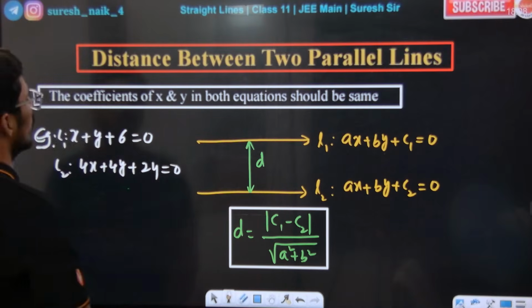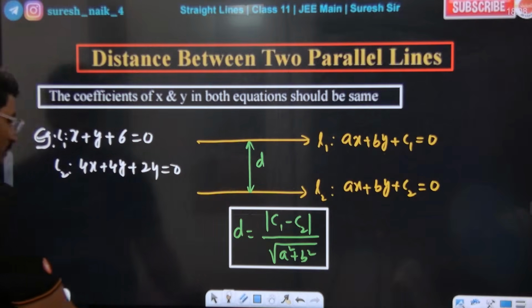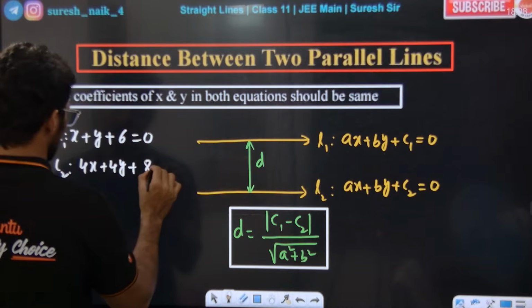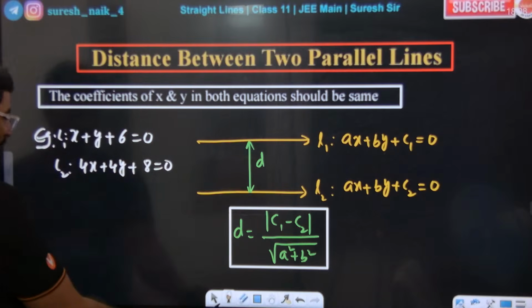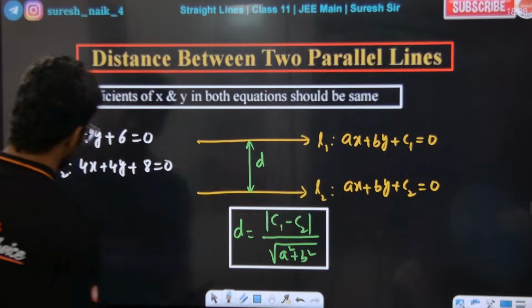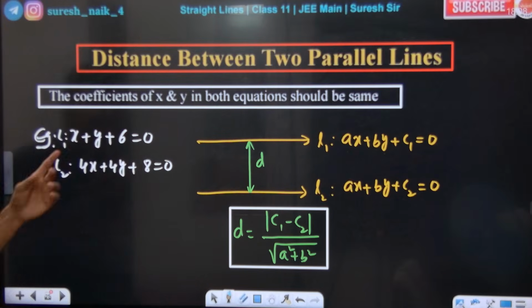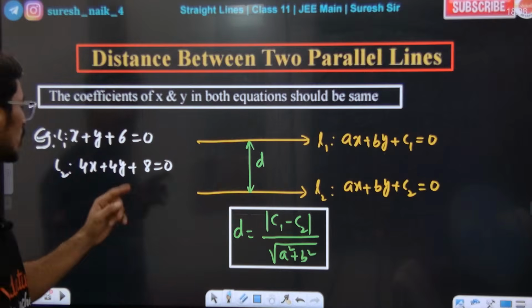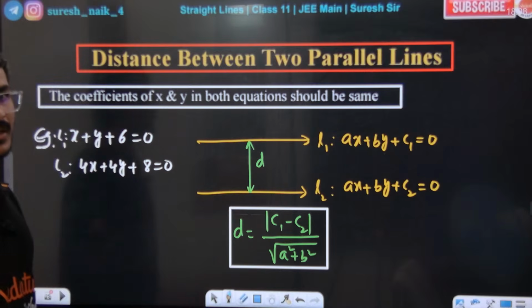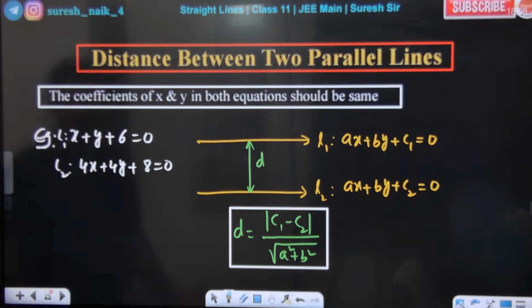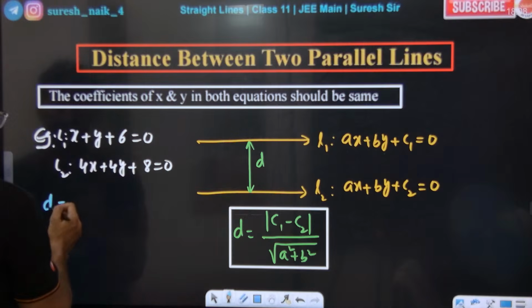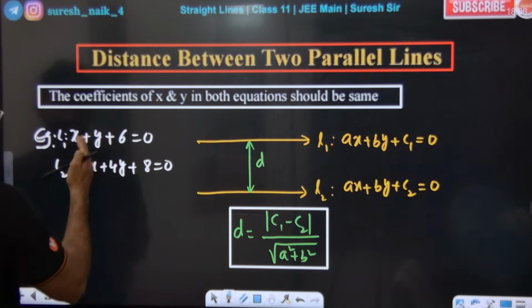Obviously they are parallel, the slopes are equal. The slope of L1 is -1 and the slope of L2 is -1, that is minus A by B. So for the distance between these two lines, the coefficients of x and y should be the same in the line equations.